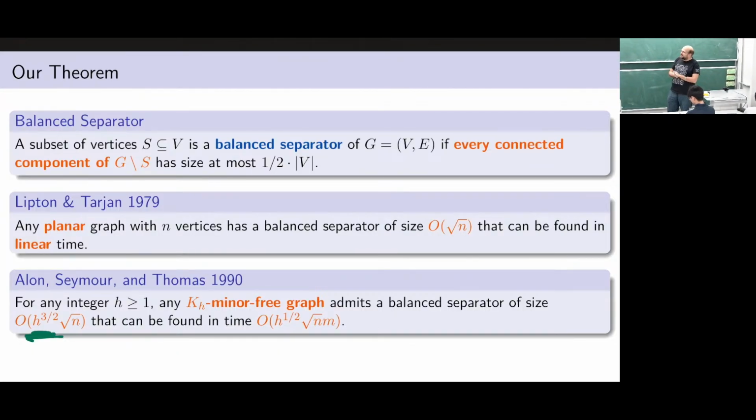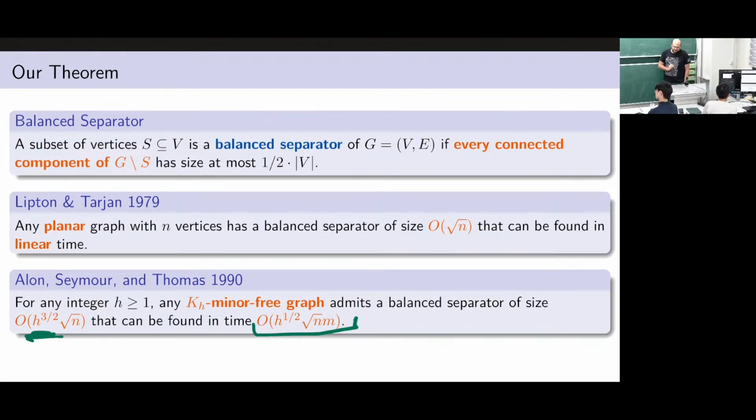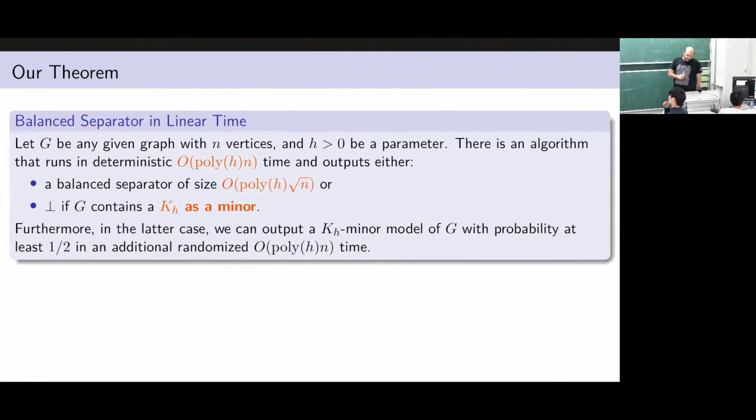We would like really to have, or focus on, the poly(h) factor. So in more general K_h minor-free graphs, we have a balanced separator of size poly(h) square root of n, but with a caveat: this algorithm doesn't run in linear time anymore. There is this square root of n times m.